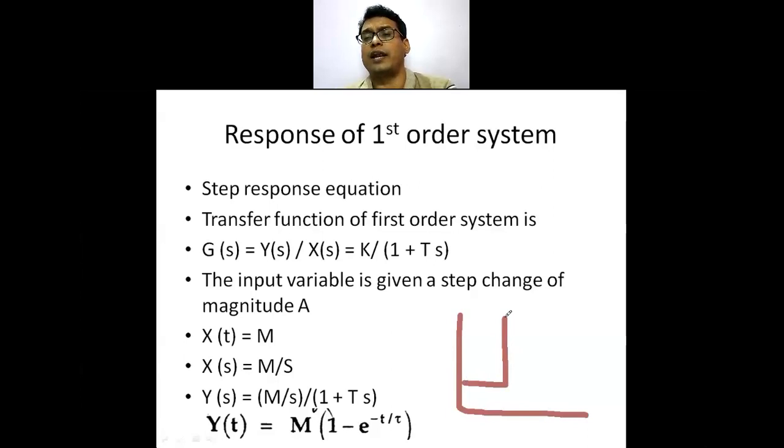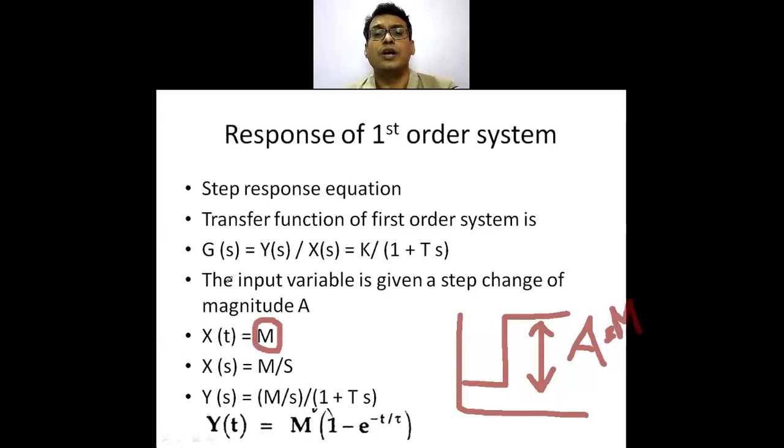I have been provided with a step change of magnitude A. This is the value of A, the magnitude. Sometimes it is also M. So I can write A or M for the magnitude. They are the same. A and M are the same.